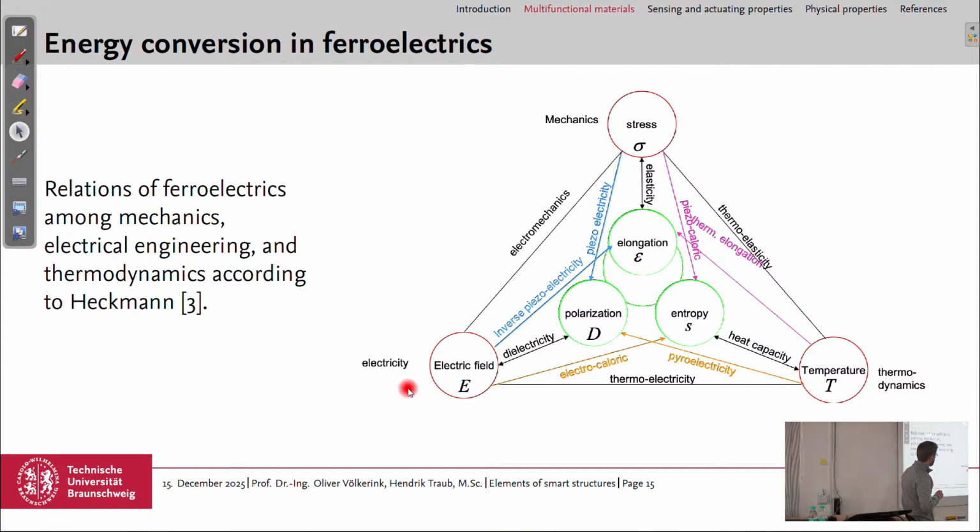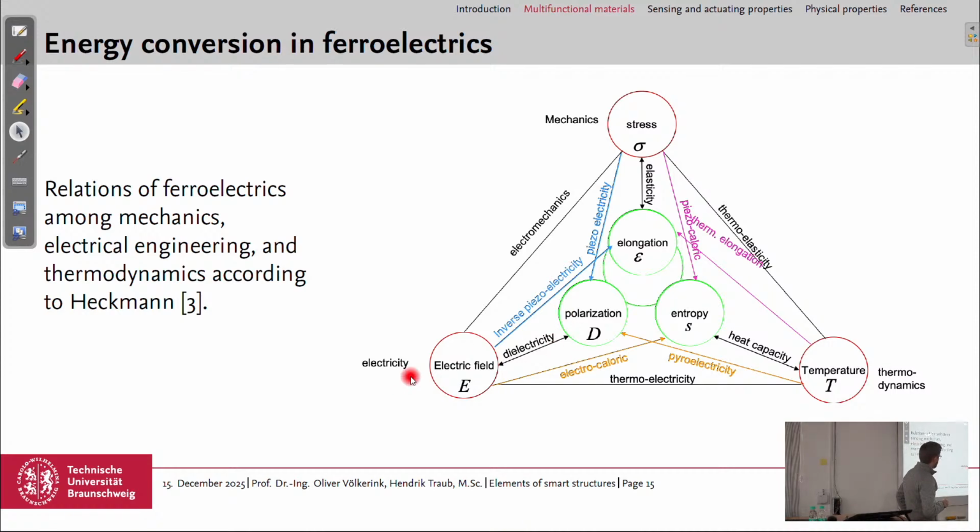We have the electricity with the electric field E, and we have the temperature T from thermodynamics. And then we have different relationships between electricity and mechanics. We have the electromechanics. So we have the piezoelectricity and the inverse piezoelectric effect, which connects, for example, the electric field with the elongation or the stress with the polarization of the material.